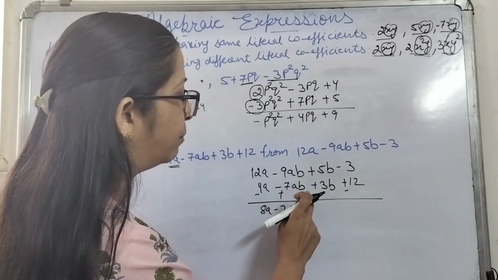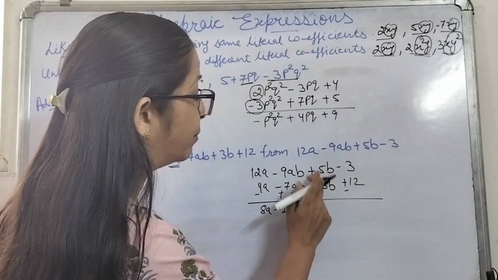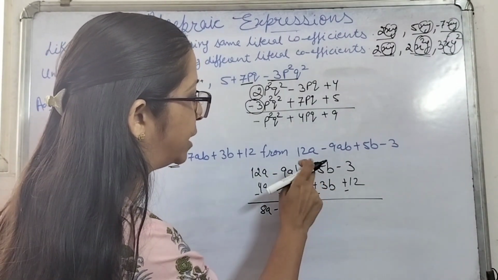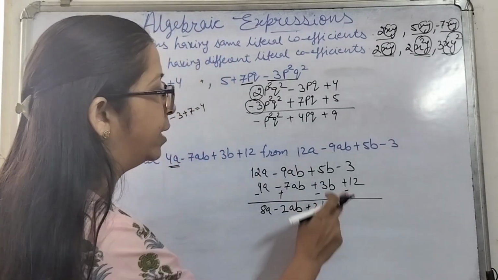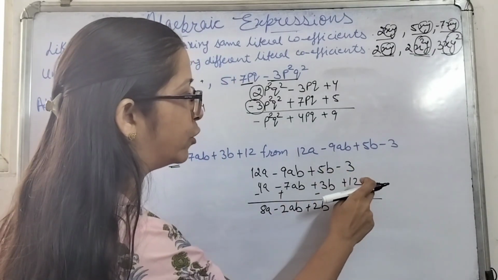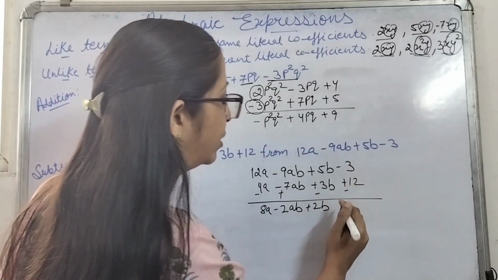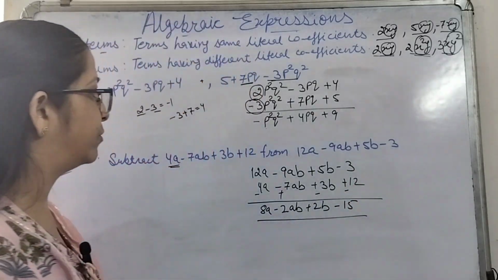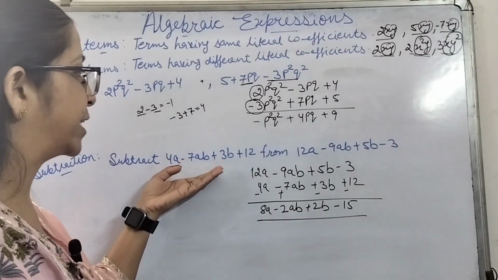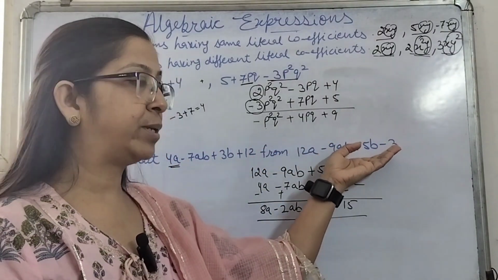Plus 5b and minus 3b, plus 5 and minus 3 will be plus 2b. Minus 3 minus 12 will be minus 15. So this will be the answer when we subtract this algebraic expression from this algebraic expression.